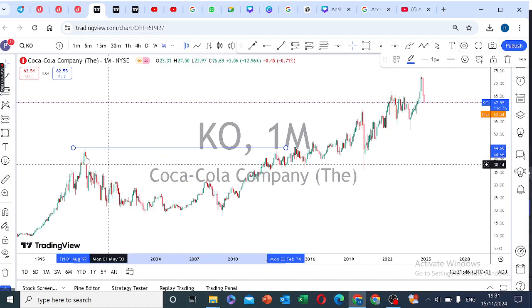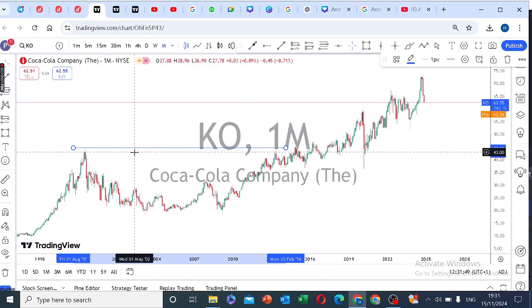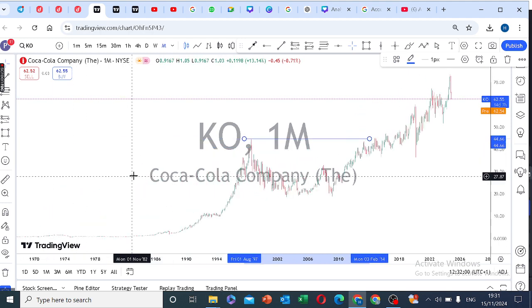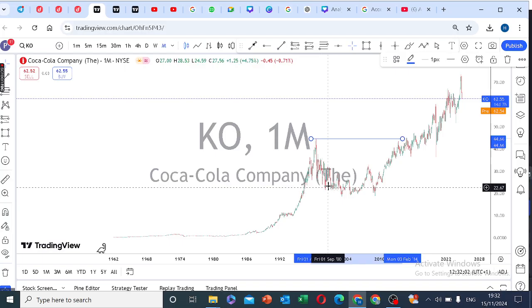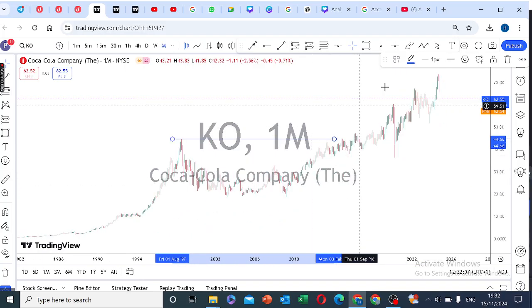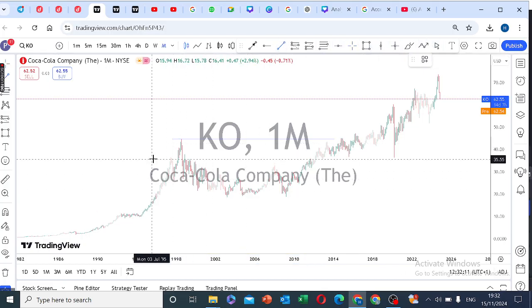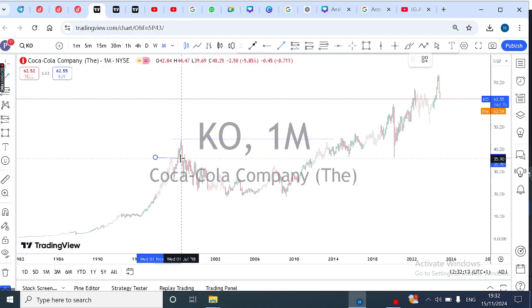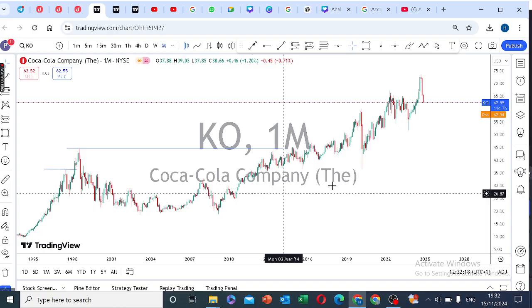Now, one thing I just marked was the current break of structure, sorry. In terms of the first major break of structure Coca-Cola gave us on a rally to the upside. Now there was another tiny break of structure at this point, which is not really what we are interested in at the moment. So this was another break of structure, but that's just a little break of structure.